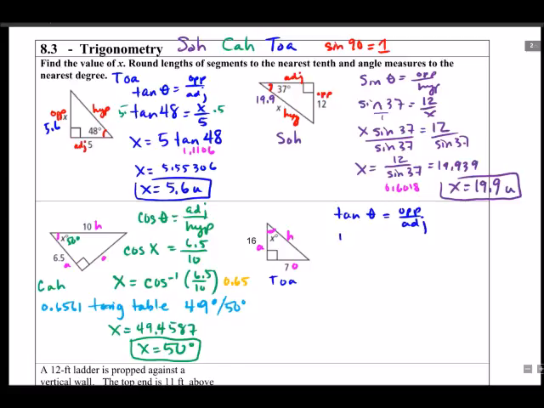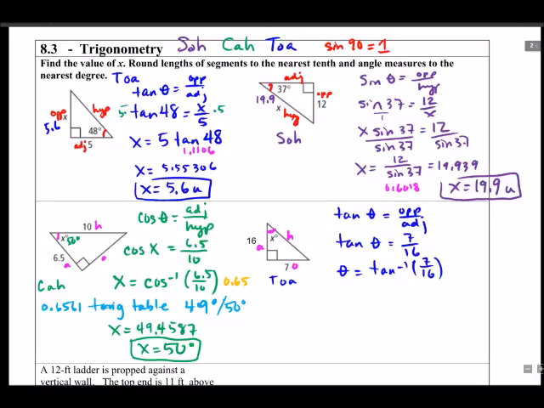So tangent theta is 7 over 16. So again, when we're looking for the angle, we use the inverse tan of 7 over 16.